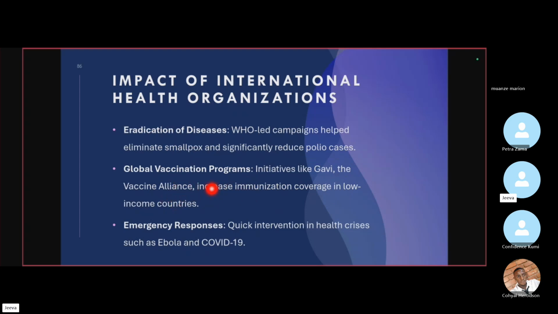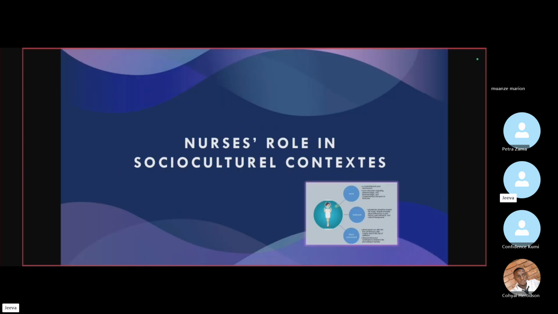When they take up this vaccination, they become immunized against those diseases. Then emergency responses, like quick interventions in health crises such as Ebola or COVID-19, where these healthcare organizations are important.